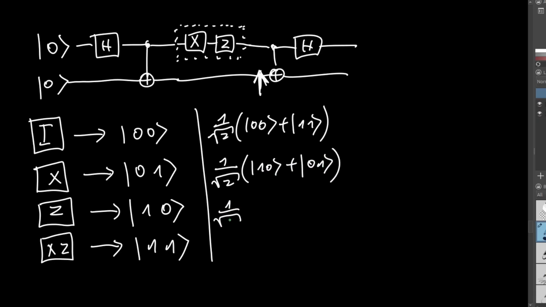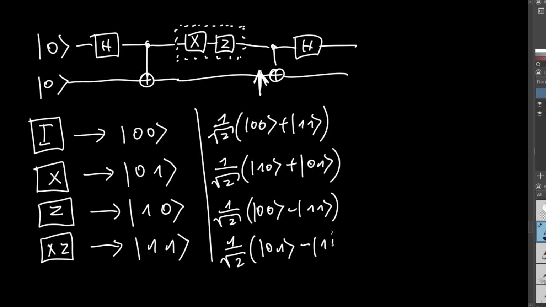Here it's just phase, so 0 0 minus 1 1, and this is the X gate with the phase, so 1 0 minus, well, it was 0 1 minus 1 0. Okay.